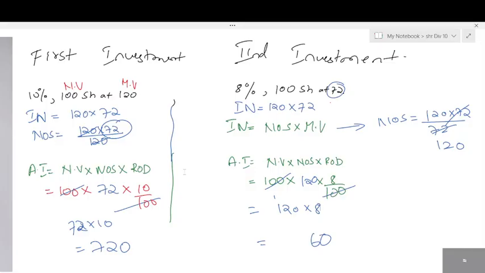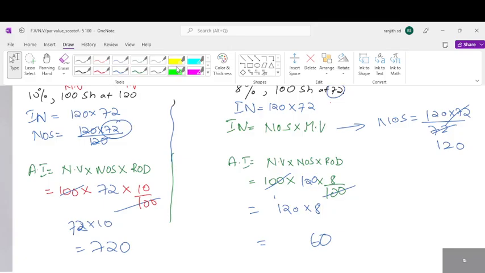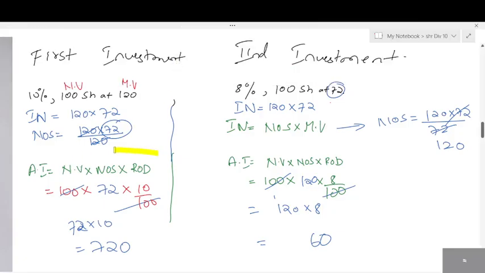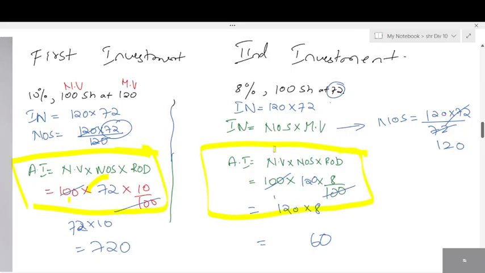Investment questions. Okay, tell me just one thing. When investment is given, what do we need to find, students? If there's a better investment, what is that one thing we need to find? Annual income, right? In annual income, what is missing? Which value will be missing? Number of shares.